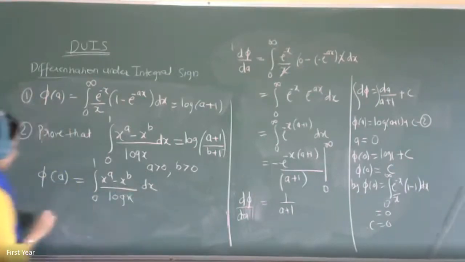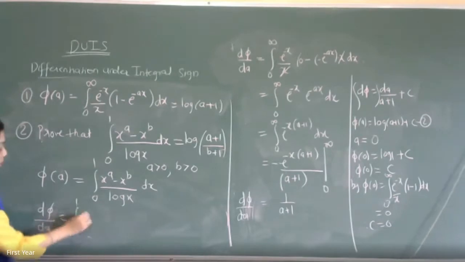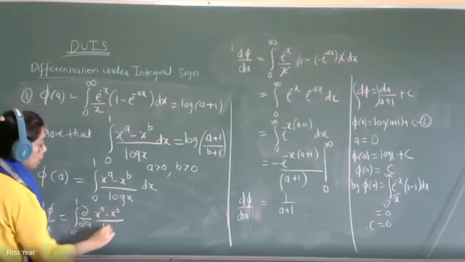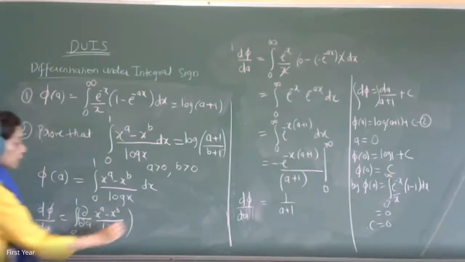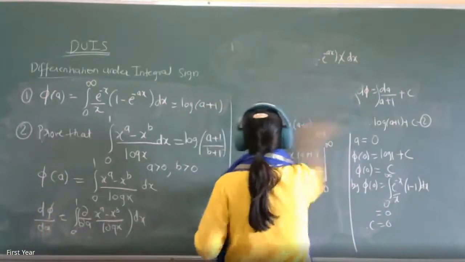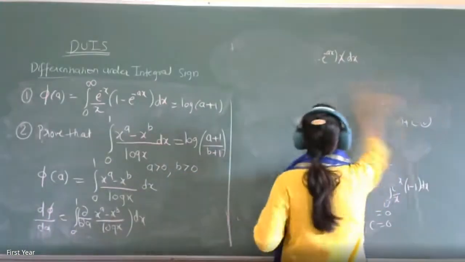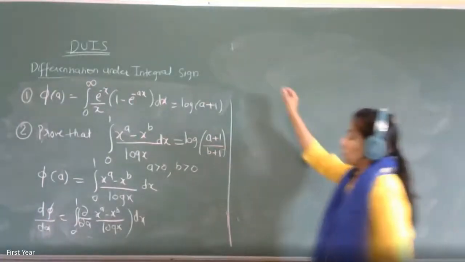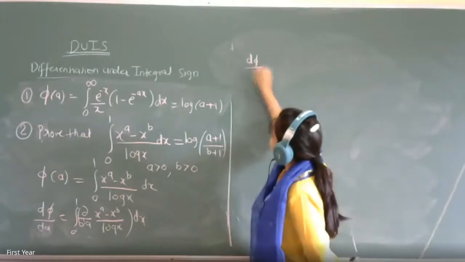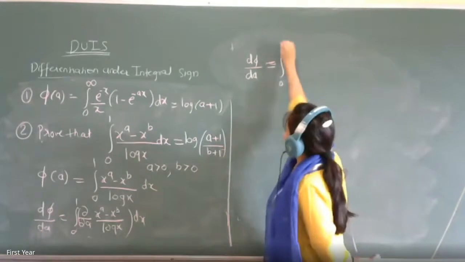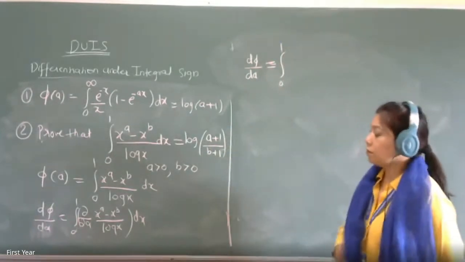If I take this, then d phi by dA is equal to the integration from 0 to 1 of the partial derivative with respect to A of x raised to a minus x raised to b upon log x, dx.